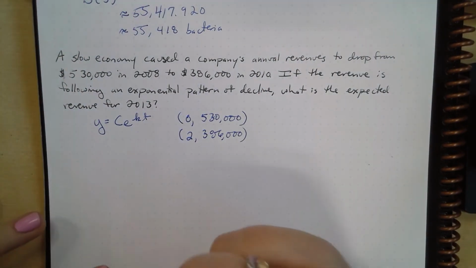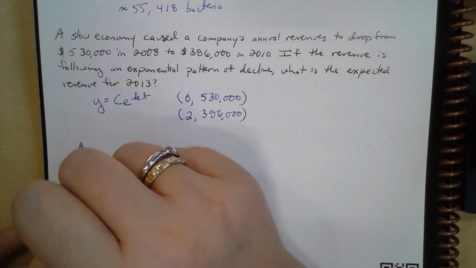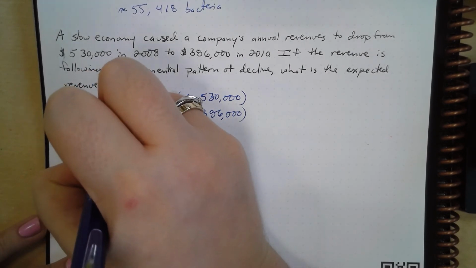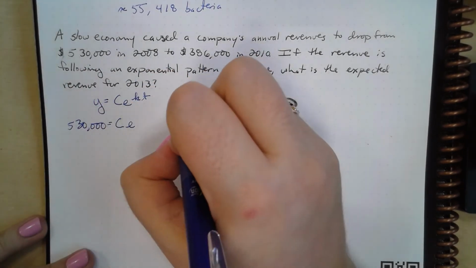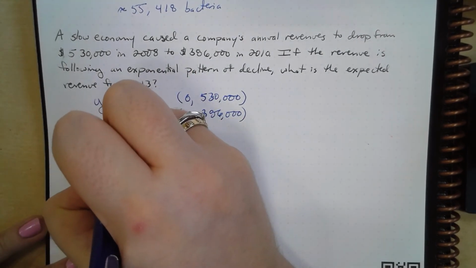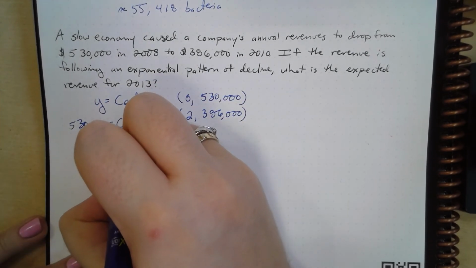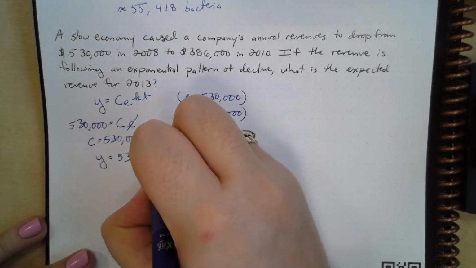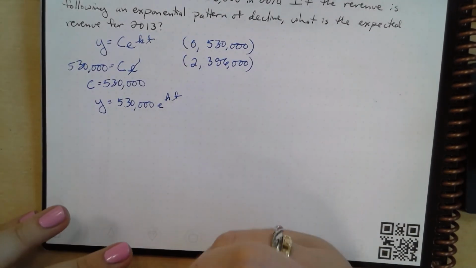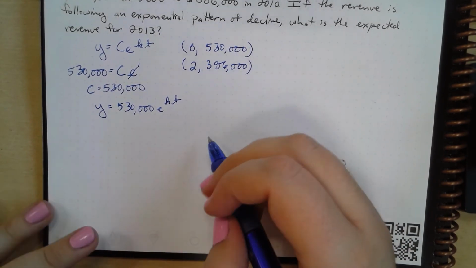If we substitute in here, 530,000 equals C e to the 0 power, which is just 1. So C is going to be equal to 530,000. So our model is y equals 530,000 e to the kt. Now we can use this information to solve for k.